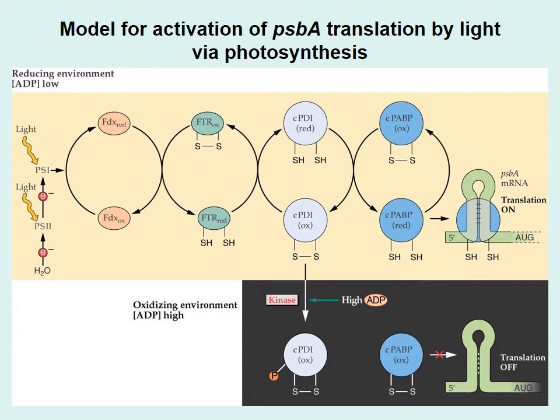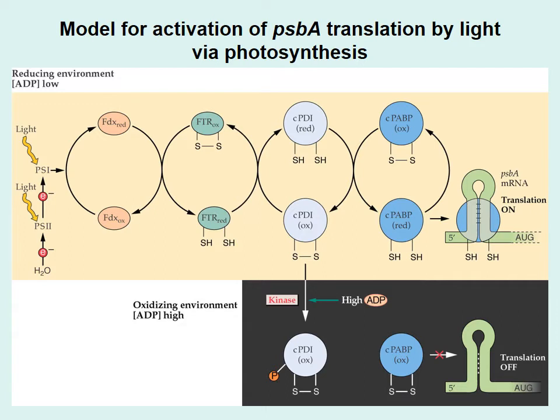Now if the light is available, then everything will go normally, and the translation will be on. That means there will be the formation of messenger RNA for the synthesis of protein for the photosystem proteins.